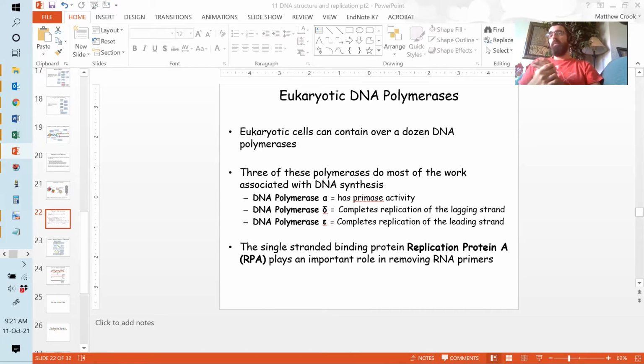So you ended up with one protein which has two different domains and functions. So it's both primase and synthesizes the first, I think it's about 30 base pairs, give or take, of both.